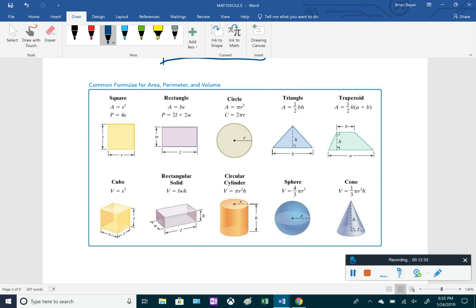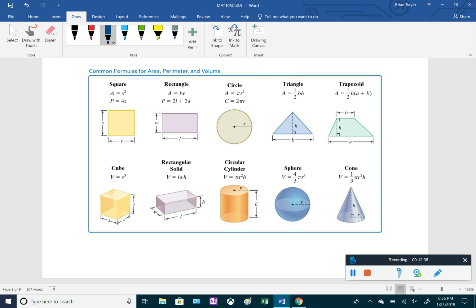Okay, so for the next thing that I have here, I have a lot of commonly used formulas for geometrical shapes. So we have two-dimensional shapes up here. The top row is two-dimensional, and the bottom row is three-dimensional. When we're dealing with formulas for two-dimensional shapes, we have area and perimeter.